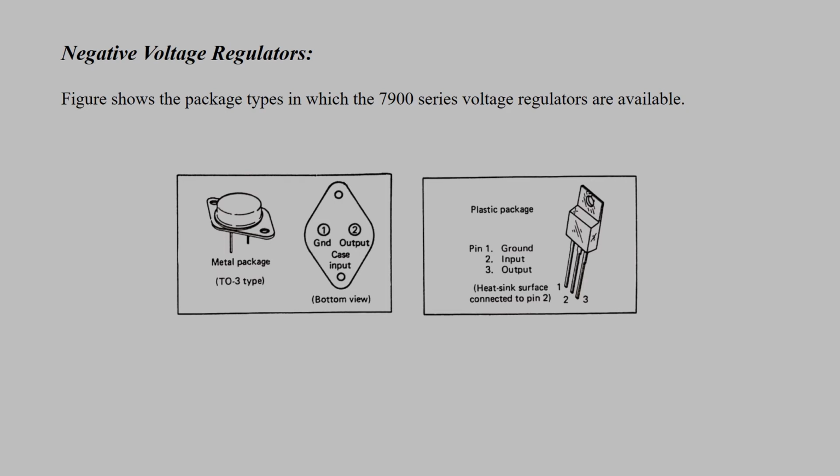This is the package type. In case of the metal package, pin number 1 is ground, the case is input and 2 is output for the 7900 series. For a plastic package, 1 is ground, 2 is input, 3 is output, and the surface is a heat sink, and that can be connected to pin 2.